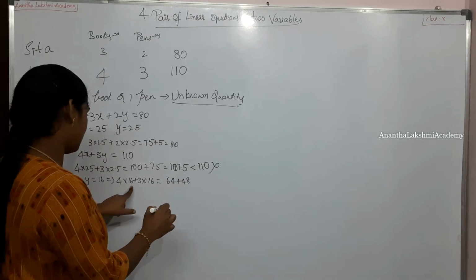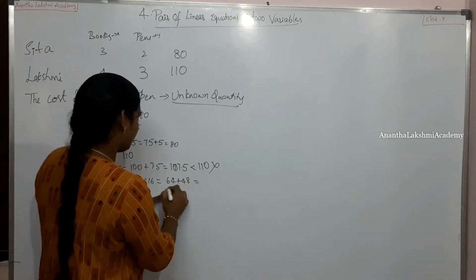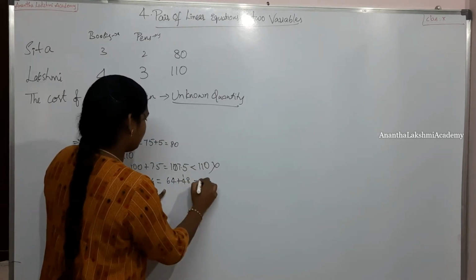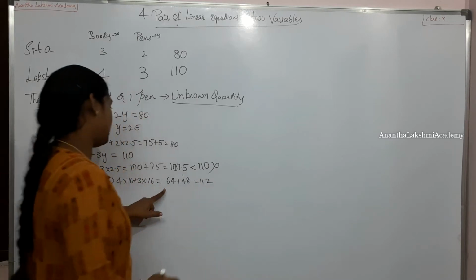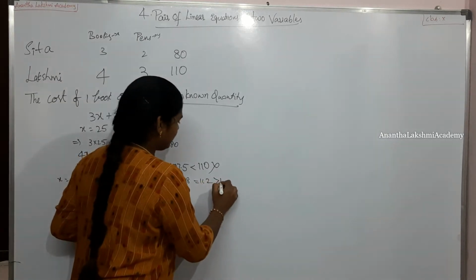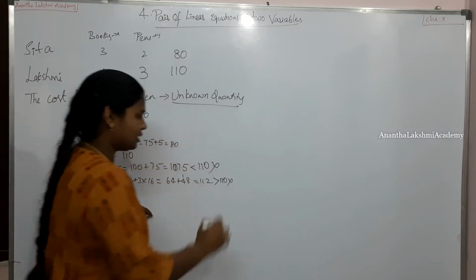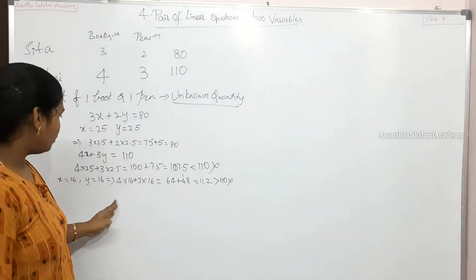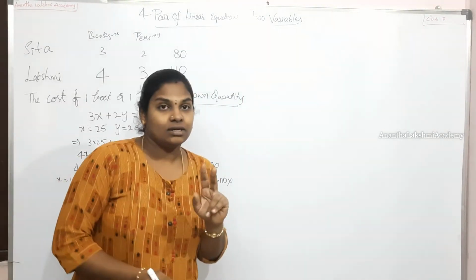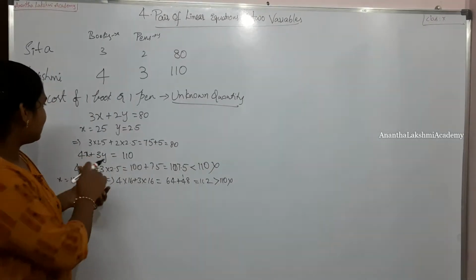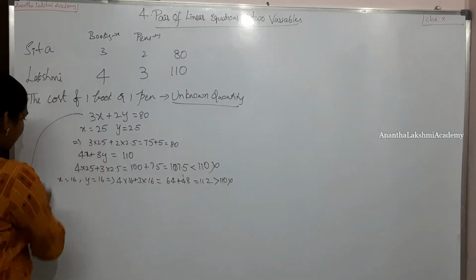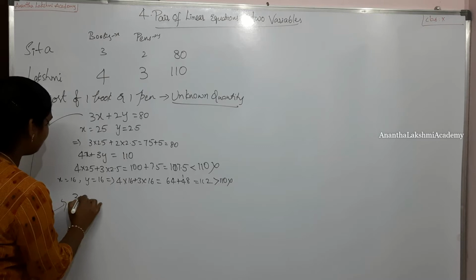Isn't it? How much is this going to be? 112. This is also greater than 110. This is also failing. But let us try if this 16 condition is going to work fine for Sita's condition.